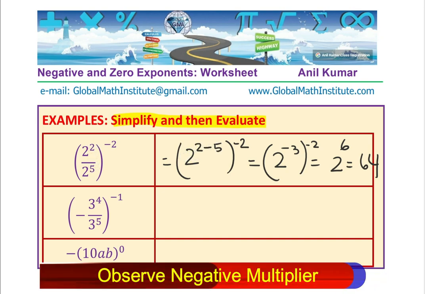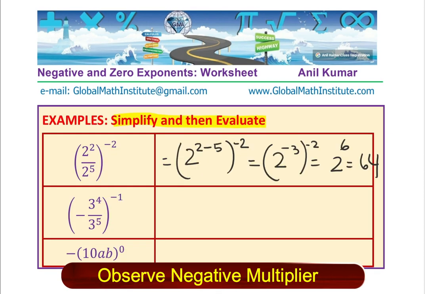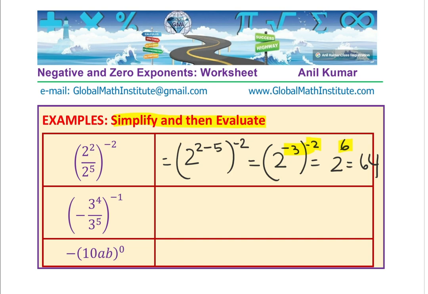And then we use the second rule, which was power of power, they get multiplied. You see that? They get multiplied, and that is why we multiplied these two numbers. Minus times minus is plus, and 3 times 2 is 6. Perfect. And 2 to the power of 6 is indeed 64. So we have evaluated.